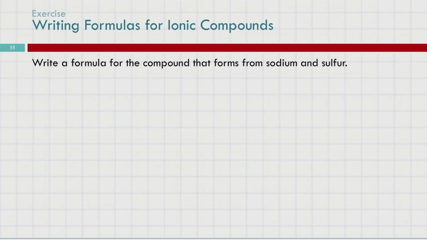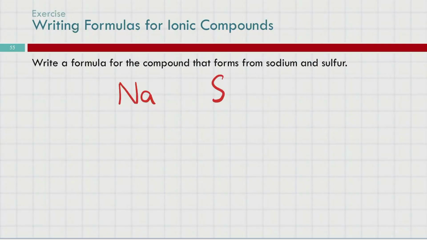All right, coming up with a formula for this compound between sodium and sulfur, we would need to first track down sodium. Sodium is one of those ones that has a symbol that's based on an older name, natrium, Na, and sulfur, very conveniently, just S. So we'd find our little Na and S up here on the periodic table.